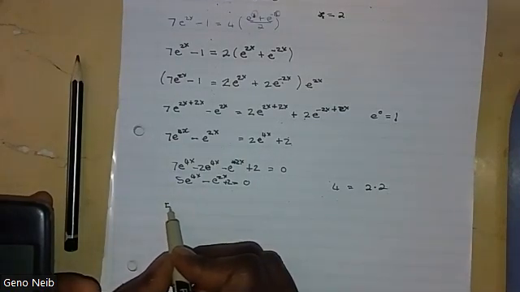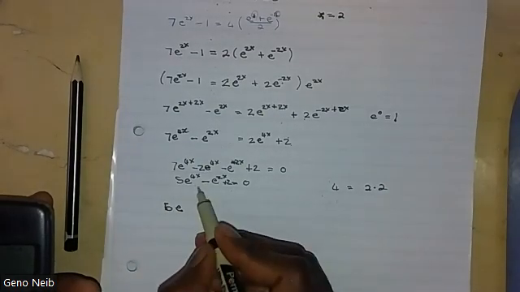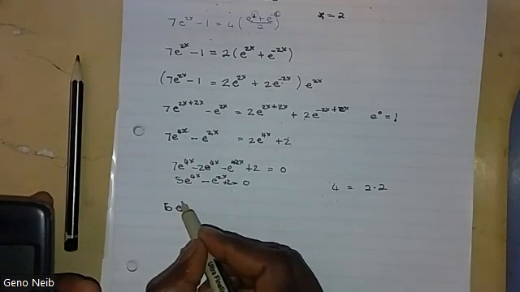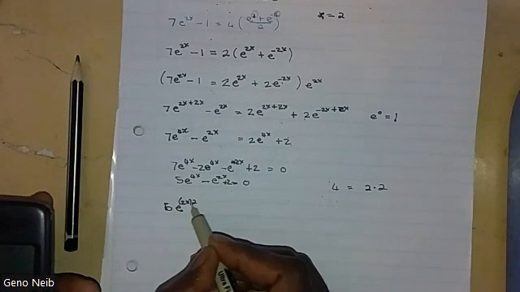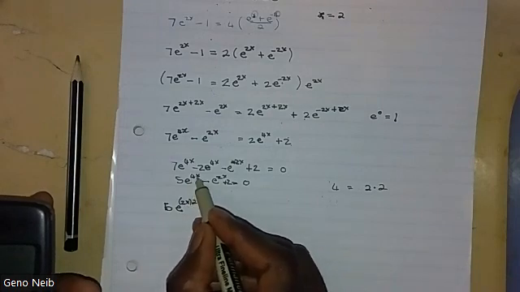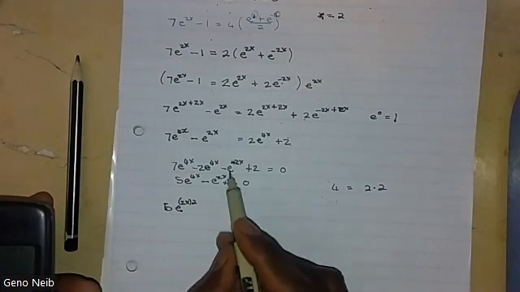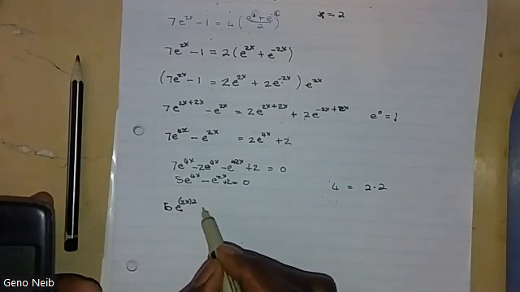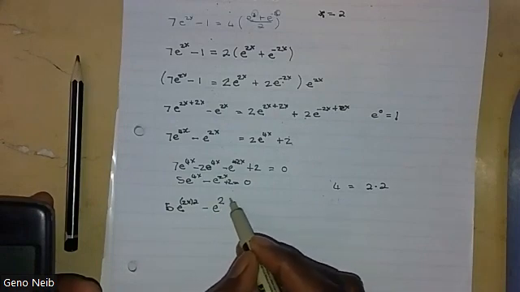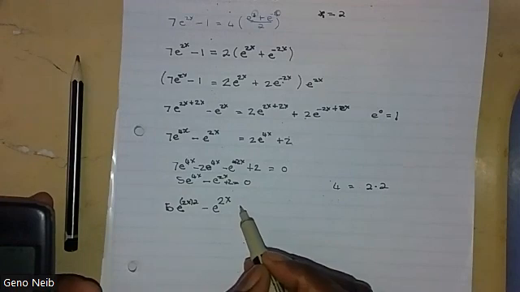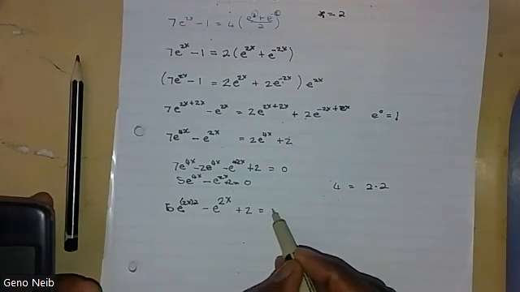We put 5 there, e to the 2x times 2, which is that 4 broken up. And then we get e to the 2x plus 2 equals to 0.